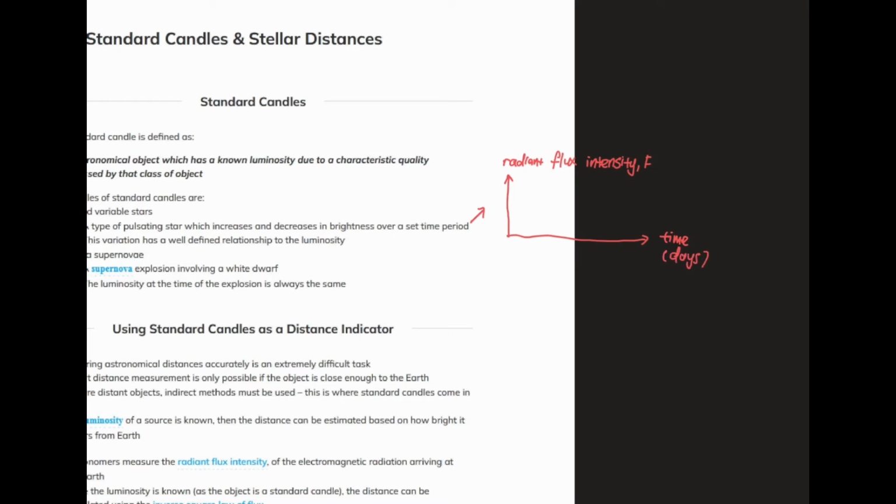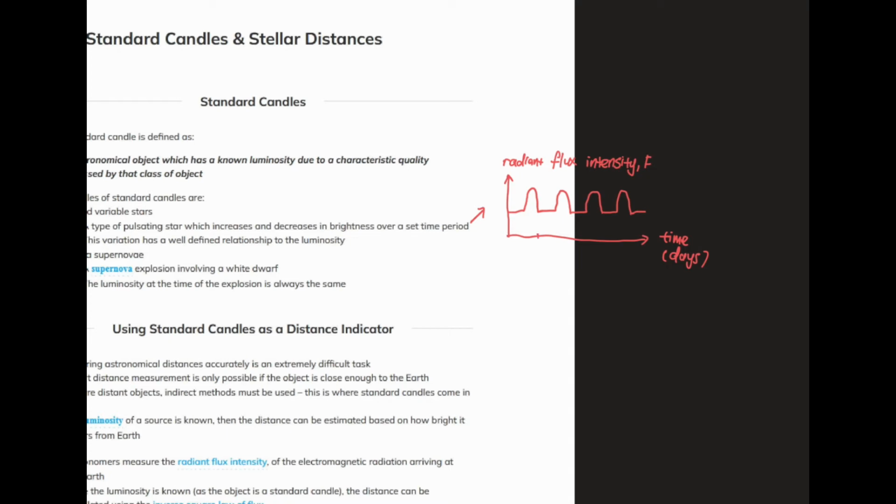Let's say they observe something like this: not bright, then bright, then not bright, then bright, not bright, then bright. Why is it like a curve and not like a spike? It's just an example. It can be a spike also. Let's say it is like this, and we look at the time span.